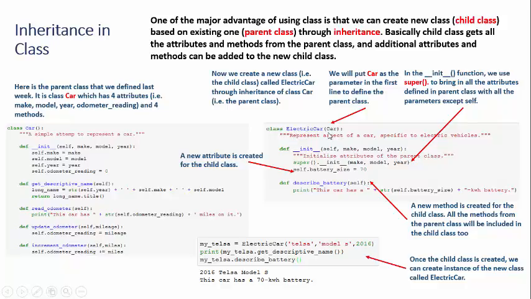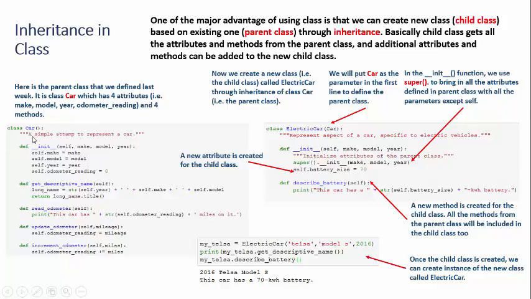It is a child class, and we're going to inherit all the good features including attributes and methods from the parent class, which is the car class. To define that the electric car class is a child class of the parent, we need to put the parent's name in the parentheses. So when we define a class based on the parent class, the parent class name goes into the parentheses.